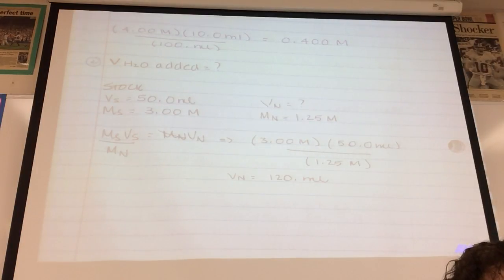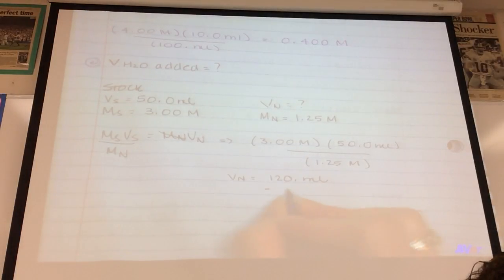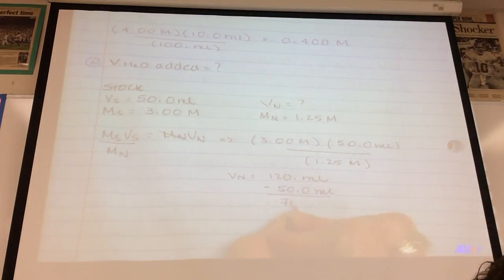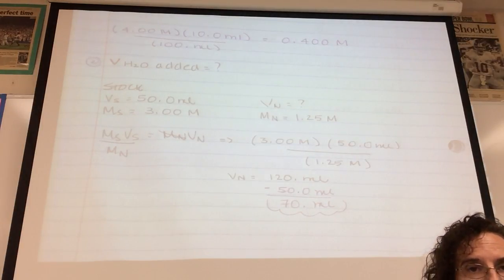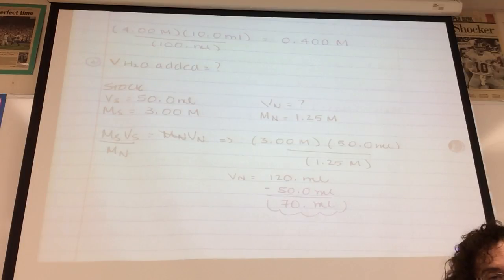They wanted to know how much water I added. So how do I figure that out? Subtract the initial volume from the volume we just got. So it's going to be 120 mLs minus the 50 that we started with, and that will be 70 mLs. That's the volume of water we had to add. So that's the way you can make the question a little bit trickier.